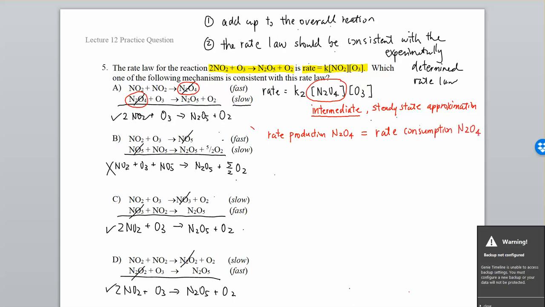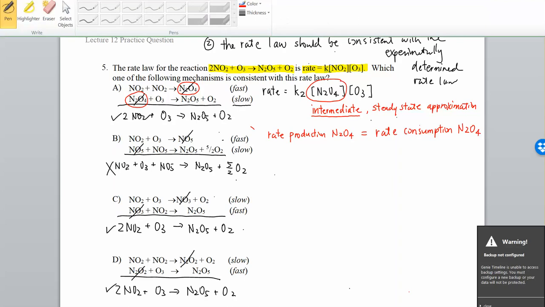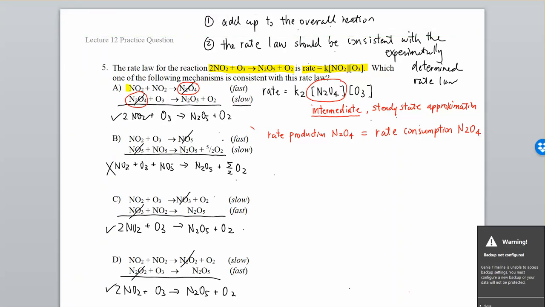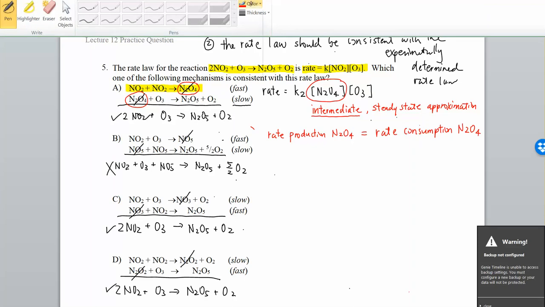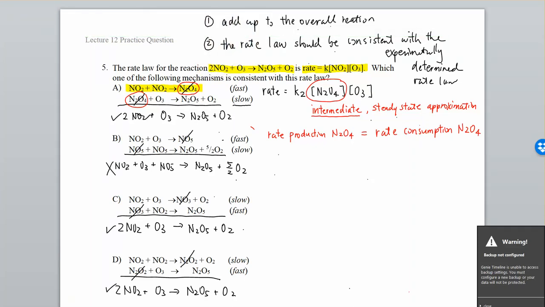Okay, so let's write the rate law that governs production of N2O4. N2O4 is made in step number 1. So according to that step, I can write the following rate law. Rate of production of N2O4 is equal to rate constant for step 1 times concentration of NO2 times concentration of NO2, but instead I'm going to write it as NO2 squared. This is equal to the rate of consumption of N2O4.